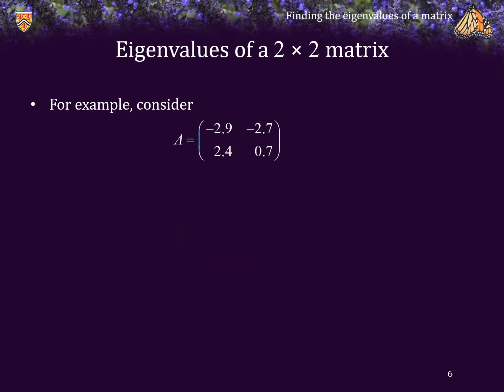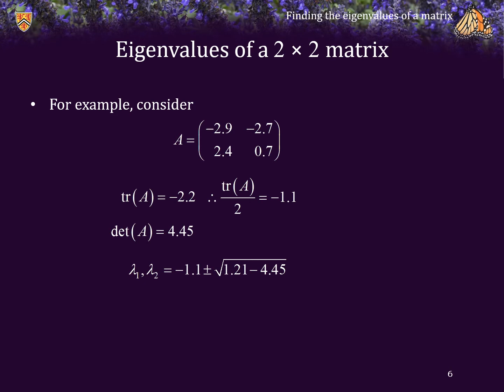Next, consider this 2 by 2 matrix. The trace is negative 2.9 plus 0.7, which is negative 2.2. Therefore, the trace over 2 is negative 1.1. The determinant is 4.45, and you can calculate that yourself.